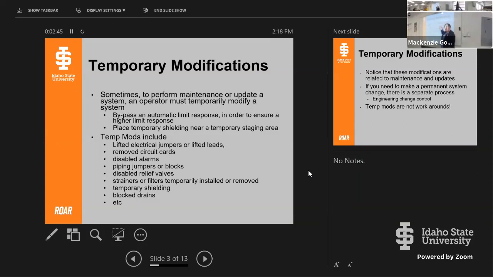And so this happens a lot. It would be disastrous if in doing this, you never put that lower limit back into service as where you're going to get a reactor to trip, right?